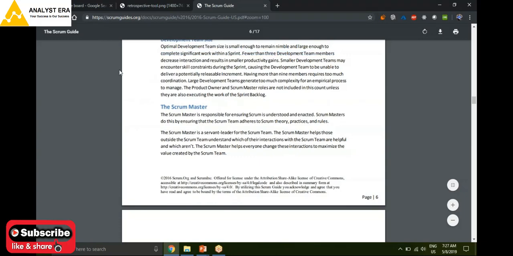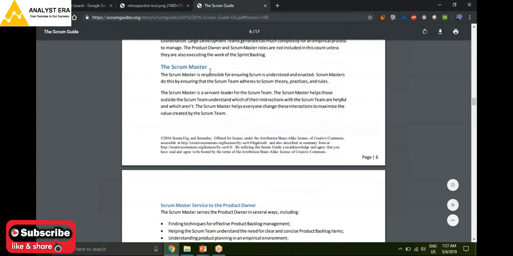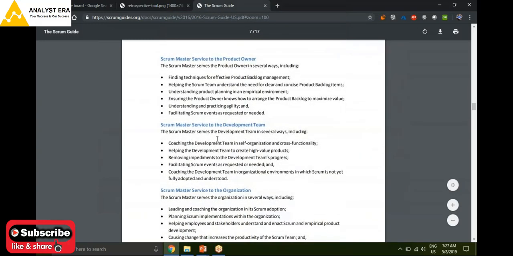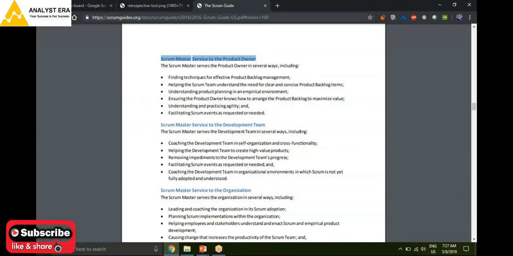So what is the Scrum Master? What are his responsibilities? All of these are the Scrum Master's responsibilities. He is the one who is responsible to work along with the product owner. And what should he do with the product owner? All this list of things.